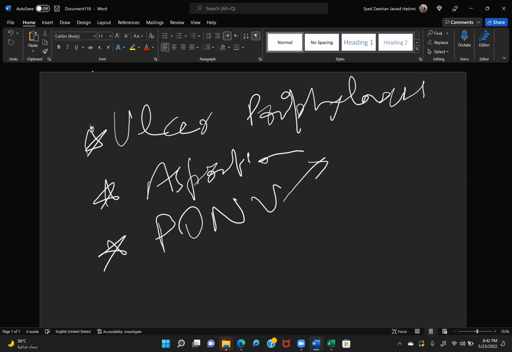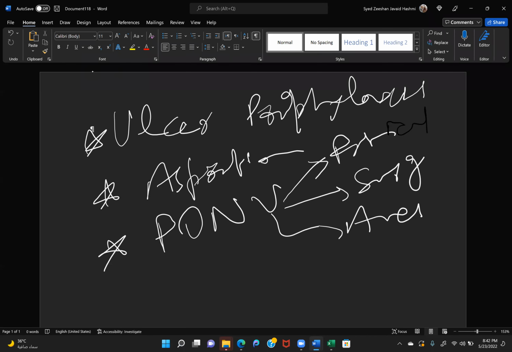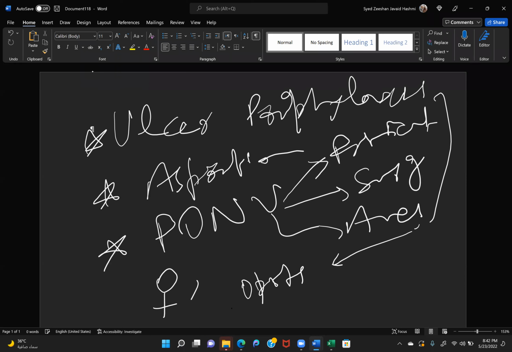What are the risk factors? There are patient factors, surgery factors, and anesthesia factors. If you have more factors, for example, female gender is a risk factor. Among the anesthesia factors, use of opioids is a risk factor. Hypovolemia is a risk factor.